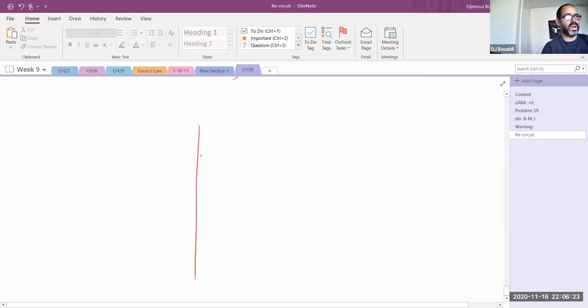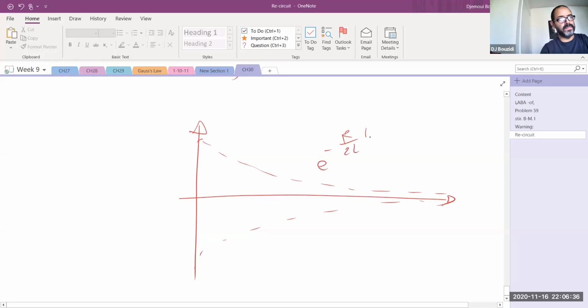As a matter of fact, it's going to oscillate in this fashion. The envelope will be this exponential decay, the exponential of minus R over 2L times t. But the behavior in here will be something like this.